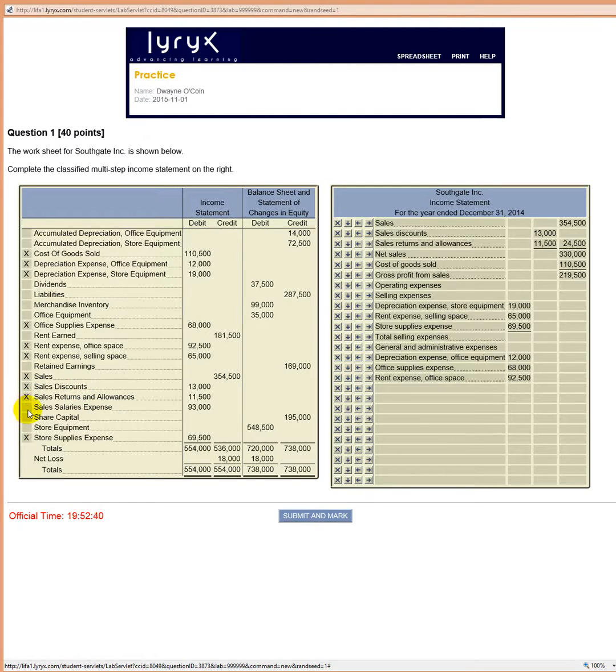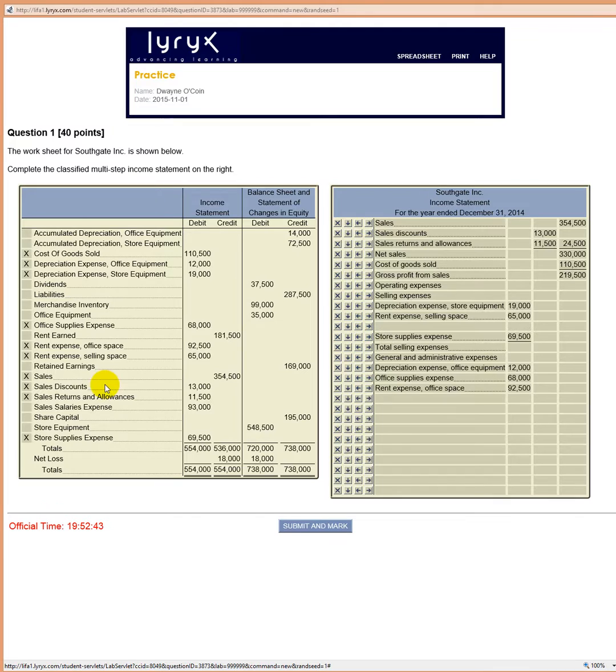As we go down, sales salaries expense. So we need a little more room up here under the selling expenses, because that's what we pay our salespersons, $93,000. We accountants are very happy about that, because if they don't sell anything, we don't have anything to account for.